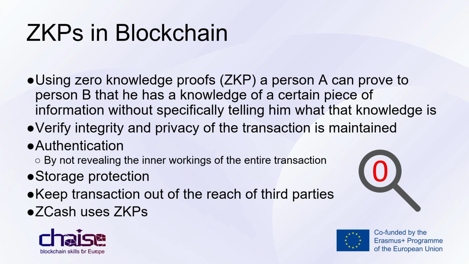Zero knowledge proofs mean that person A can prove to person B that they know a certain piece of information without specifically telling them what that knowledge is. Zero knowledge proofs satisfy the following requirements. Completeness: if the statement is true, then an honest verifier can be convinced of it by an honest prover.